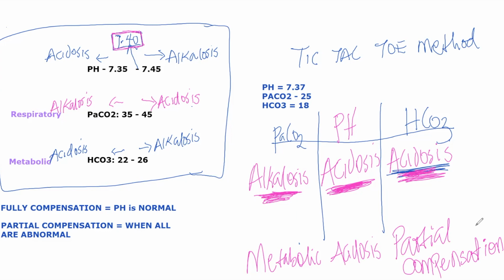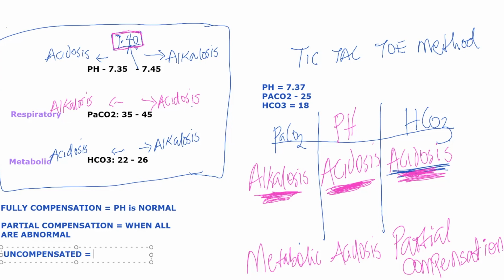And then the final kind of compensation that we have is the really bad one, which is uncompensated. It's uncompensated because someone is not being nice.